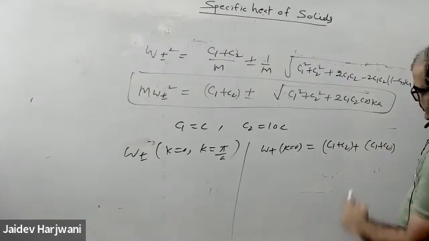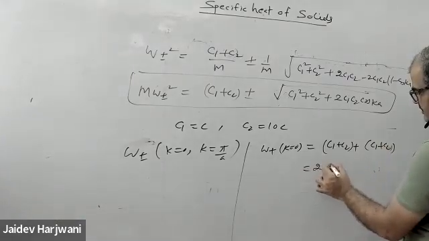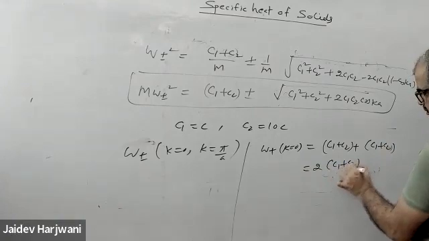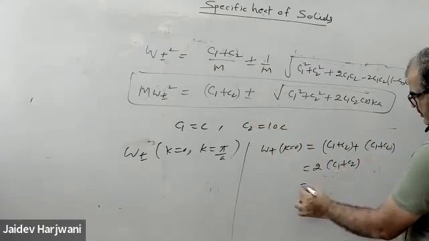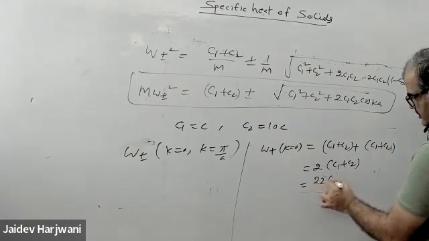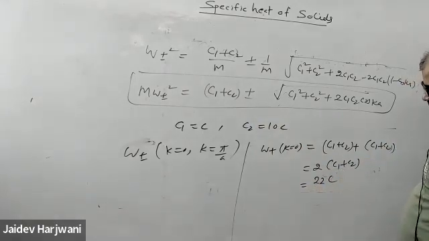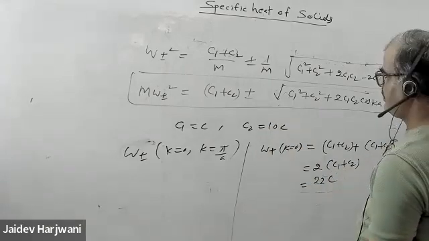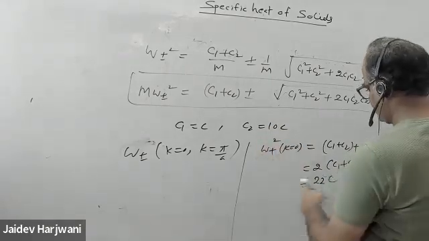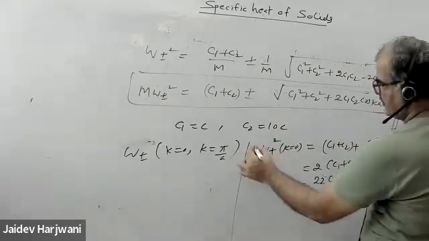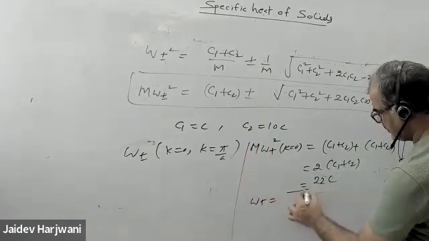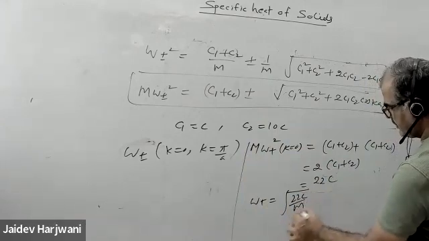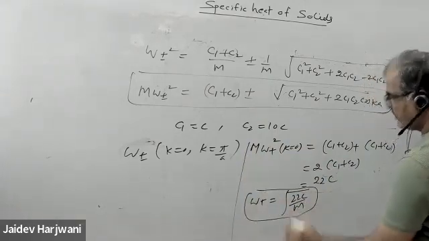Now this becomes what? 2 C1 plus C2, and this is given 10C and C, 11C. So this becomes 22C, m omega square is 22C. So your omega plus will come 22C by m.